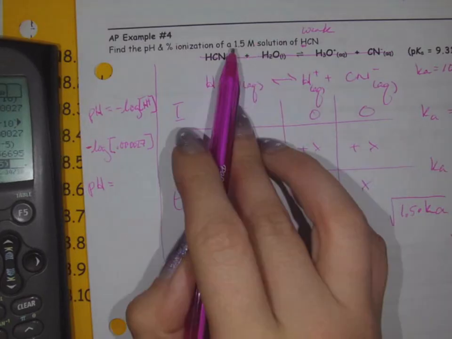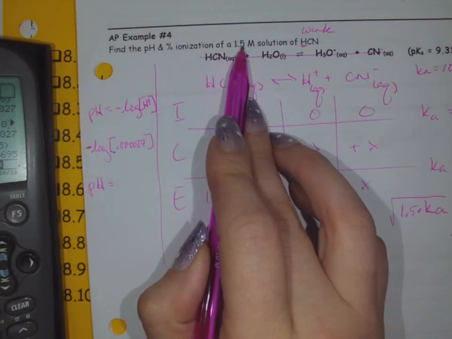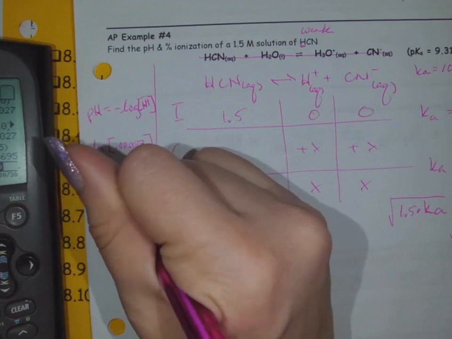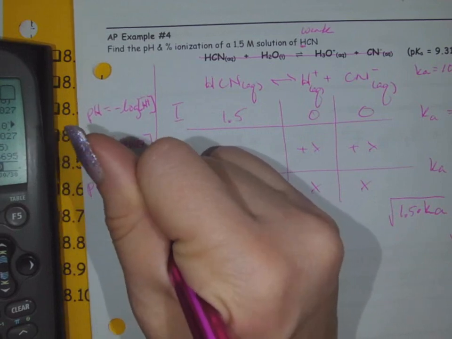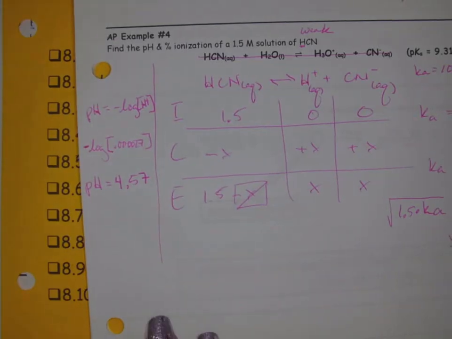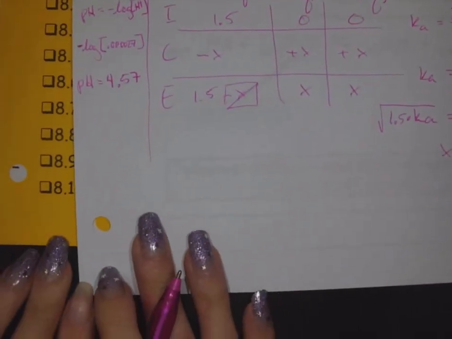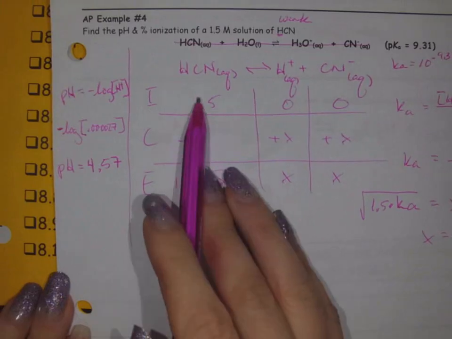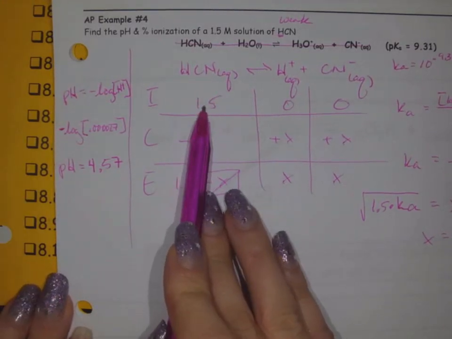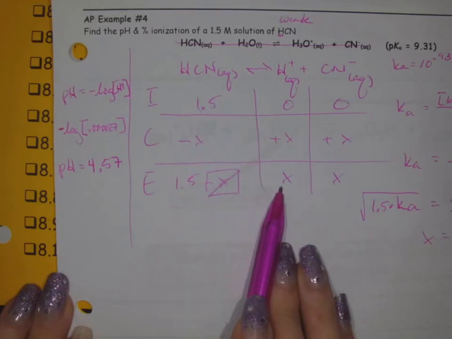Just like before, I see that my concentrations were 2 sig figs. Leading numbers on any p-value are not significant, and so this would be a 2 sig fig number for my pH. So we have done one of the two things. We just found the pH. Now we need to find the percent ionization. Percent ionization is saying, hey, of this original 1.5 concentration, how much of this actually broke off?